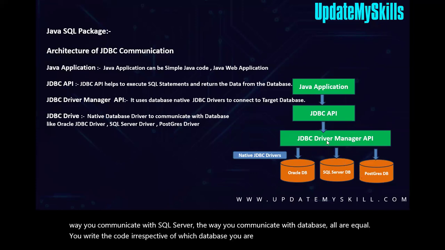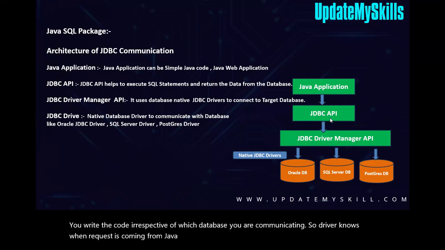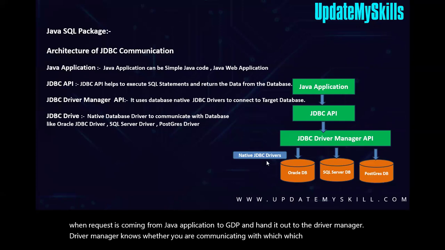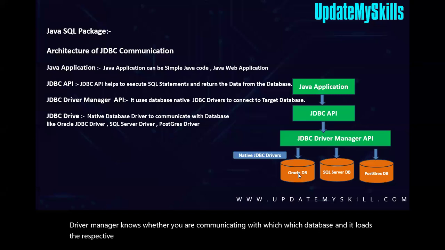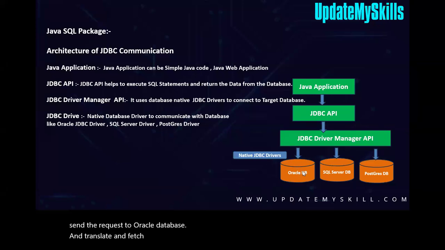When a request comes from the Java application to the JDBC API, it hands it to the driver manager. The driver manager knows which database you are communicating with, loads the respective driver and sends the request to it. If it is an Oracle database, it sends the request to Oracle, translates, fetches the data back and gives it to the JDBC API, which gives it to the Java application.